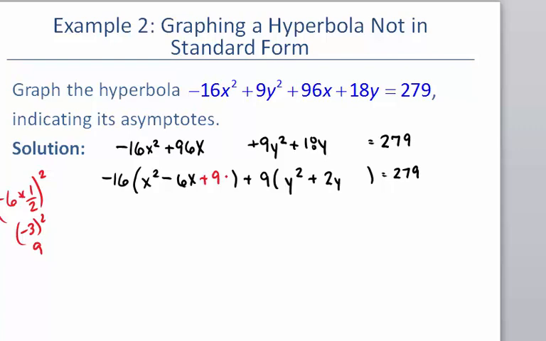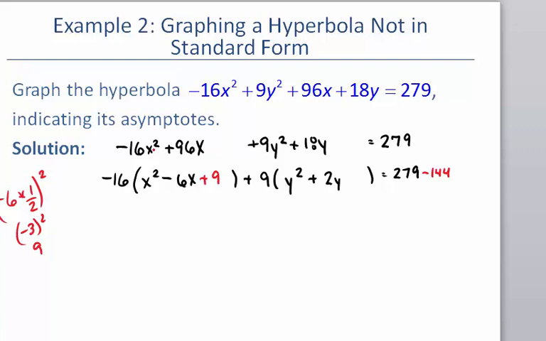But we're going to keep in mind that this 9 is being acted upon by this negative 16. So it's not that I've added 9 to the left-hand side, but I've actually added a negative 144. And so when I come in and balance, I'm going to do the same thing on the other side. So again, negative 16 times 9 is going to be negative 144.